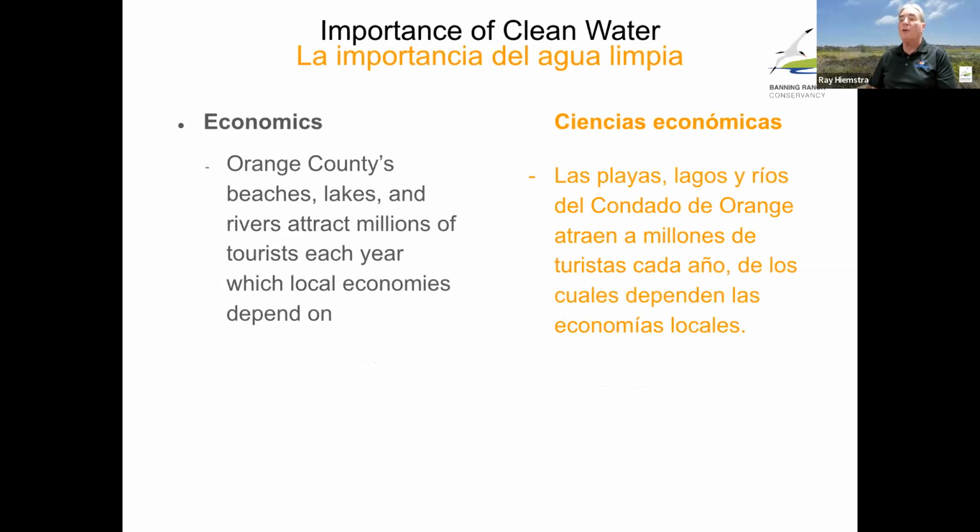There's a reason why the coastal areas of Orange County and California and even the world are the economic drivers. And that's because there's transportation, there's food, there's recreation, there's all those different things that the coast brings to us. And over 80% of the world's population lives within 100 miles of the coast. That's how important it is.